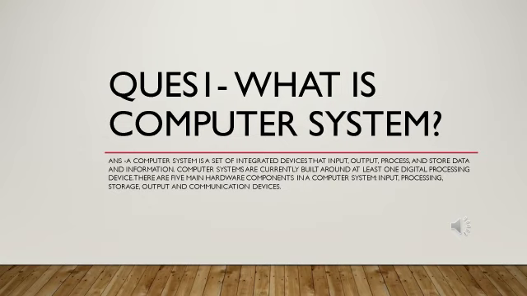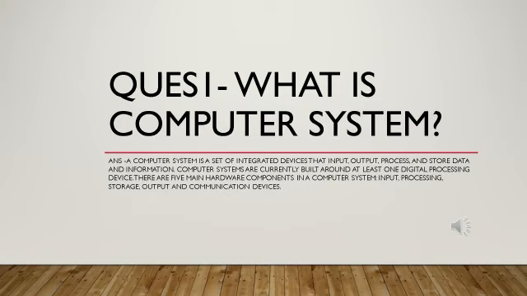We can say a computer system is a set of integrated devices that input, output, process, and store data and information. Computer systems are currently built around at least one digital processing device. There are five main hardware components in a computer system.